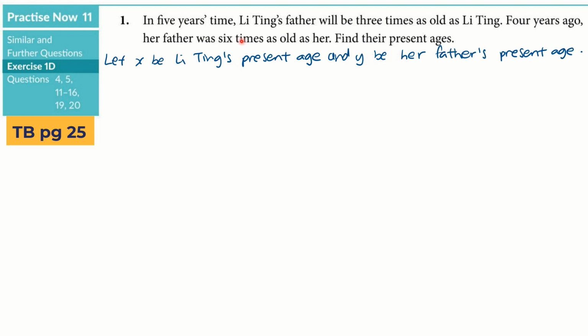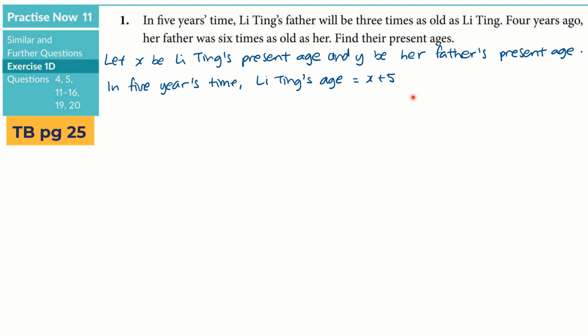However, this context is a little bit tricky because we're looking at different timelines actually. So in the first sentence, we are told that in 5 years' time. So let's think about what are their ages in 5 years' time first, before dabbling into this part of the sentence. So in 5 years' time, Li Ting's age will be X plus 5.